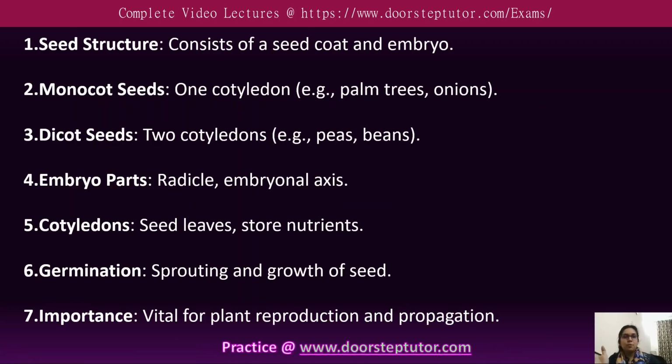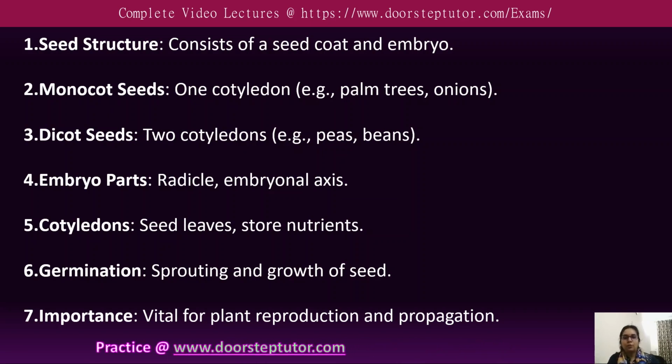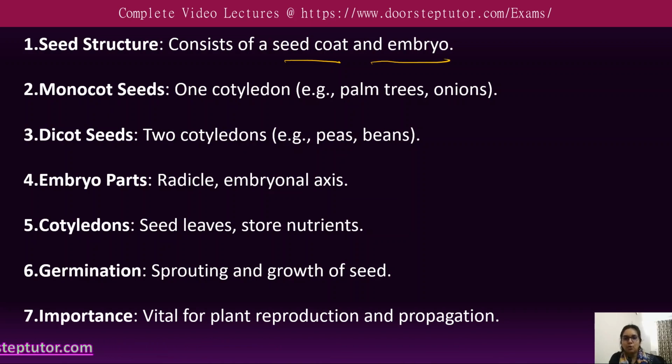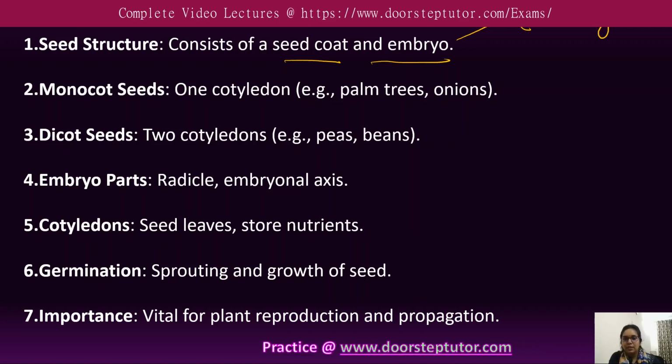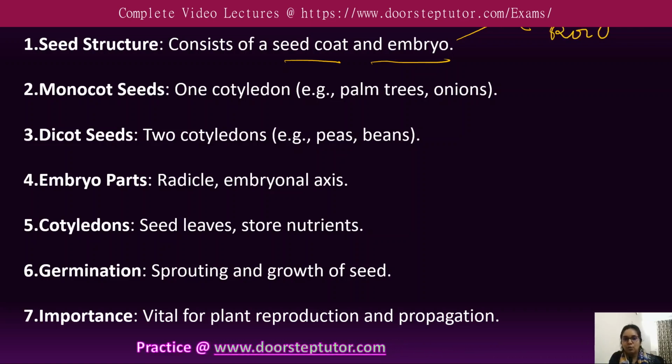Now let's discuss some more characteristics of the seed. So the seed is composed of the seed coat and the embryo. We are saying this again and again, and this embryo is further divided into the radicle. Okay, the radicle is also known as the embryonic root because the radicle germinates into the root.